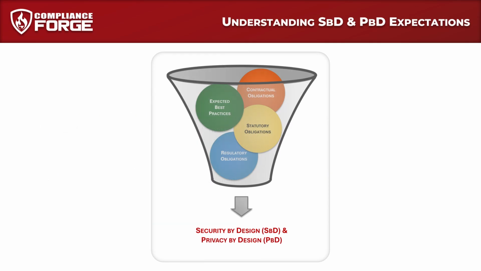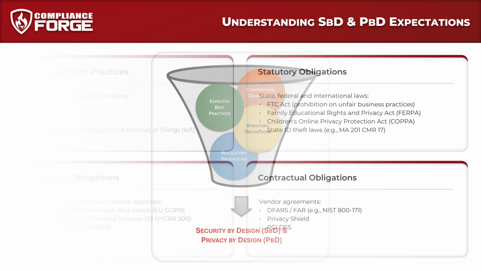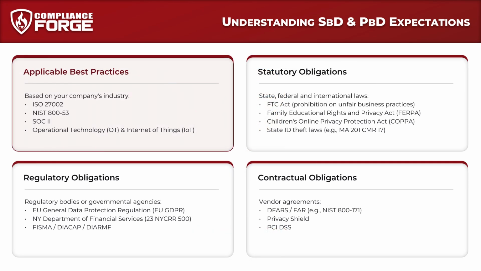Understanding privacy and security starts with defining requirements. This process is all part of documenting reasonable expectations to right-size the approach, since every organization is unique. The distilling process covers applicable best practices based on your company's industry, such as ISO 27002, NIST 853, SOC 2, and operational technology and Internet of Things.